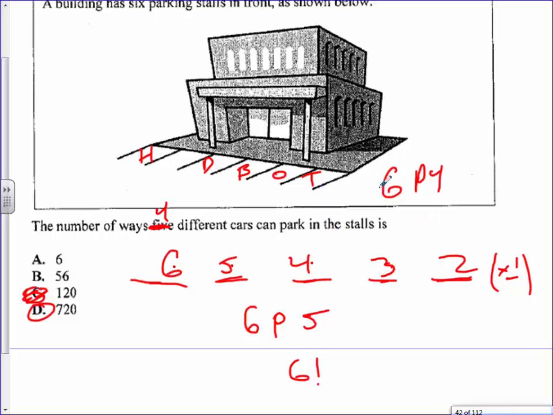Because there are 6 different stalls, and 4 of them need to be used. But here's the thing: 6 pick 5 is the exact same thing as 6 factorial. But 6 pick 4 would not be the same as 6 factorial. It happens to work out that when you do 6, 5, 4, 3, 2, if you chose to times by 1, it wouldn't have changed the answer anyways.